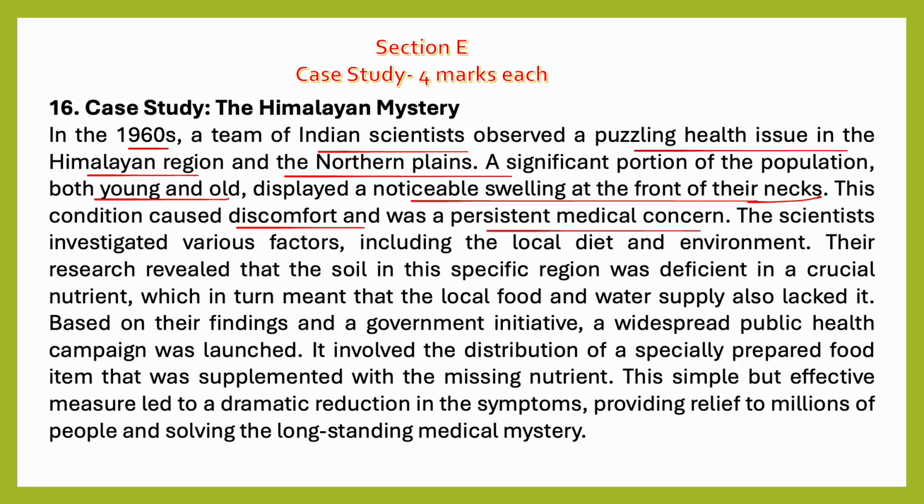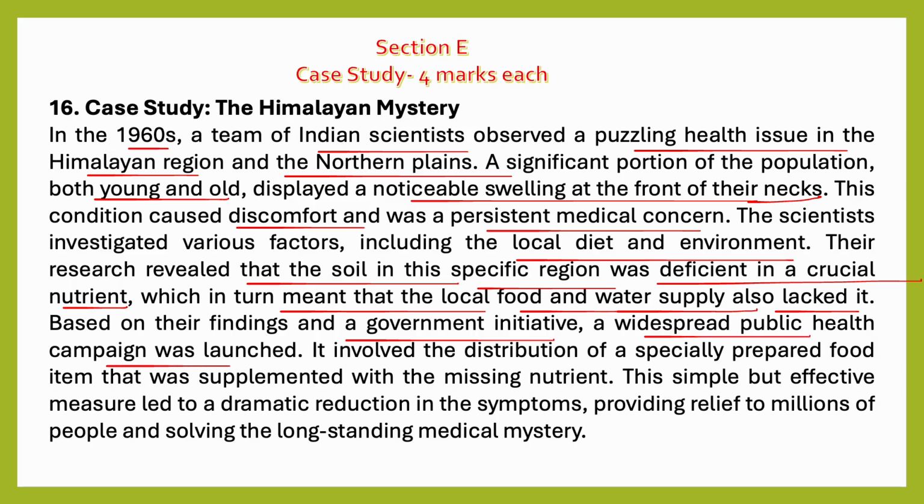The scientists investigated various factors, including the local diet and environment. Their research revealed that the soil in this specific region was deficient in a crucial nutrient, which in turn meant that the local food and water supply also lacked it. Based on their findings and a government initiative, a widespread public health campaign was launched.